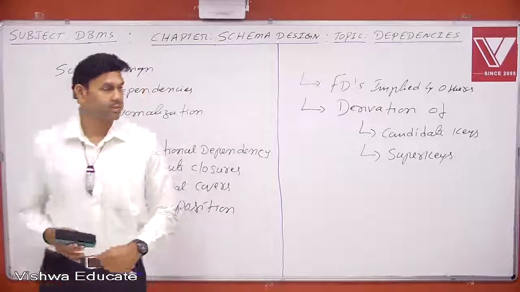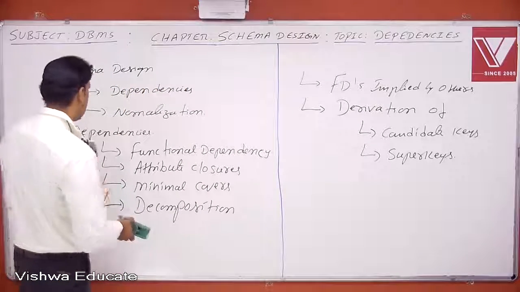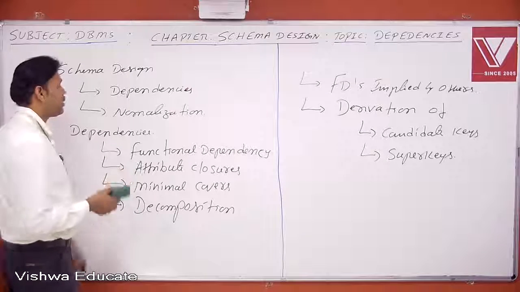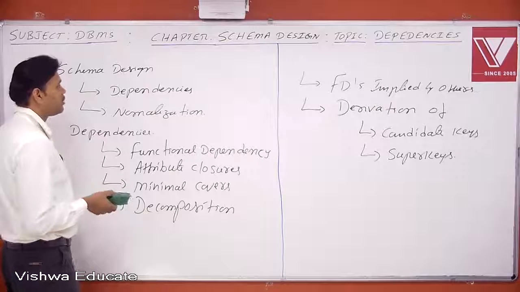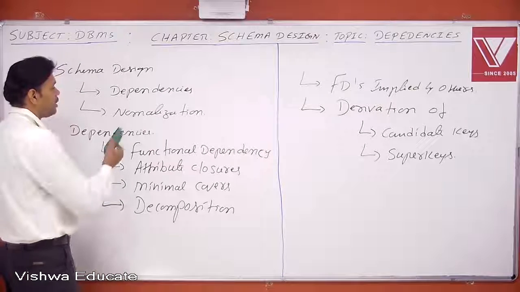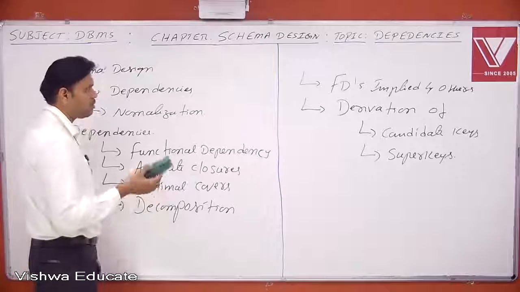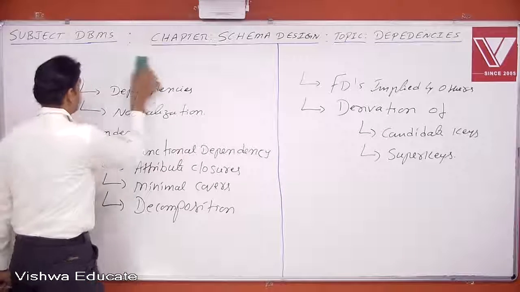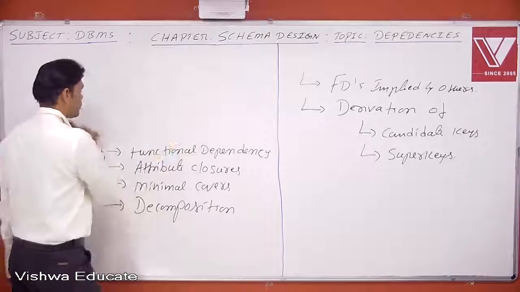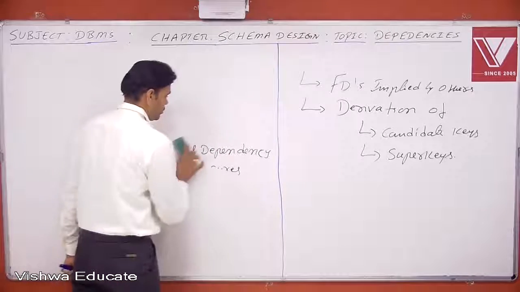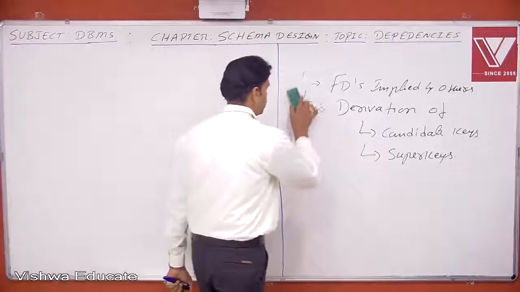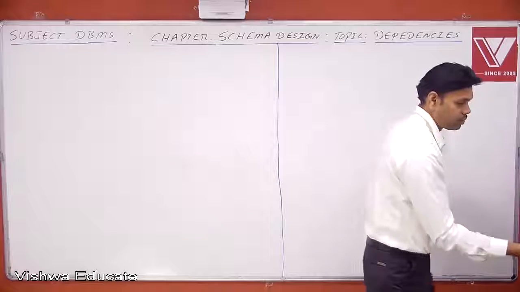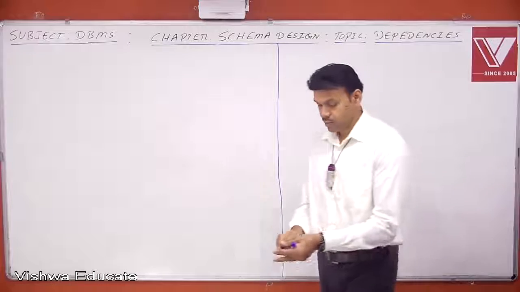Okay students, now we start with what exactly is the meaning of a schema, why there is a need for schema design, why the dependencies are ruling the DBMS, and why the necessity of normalization.